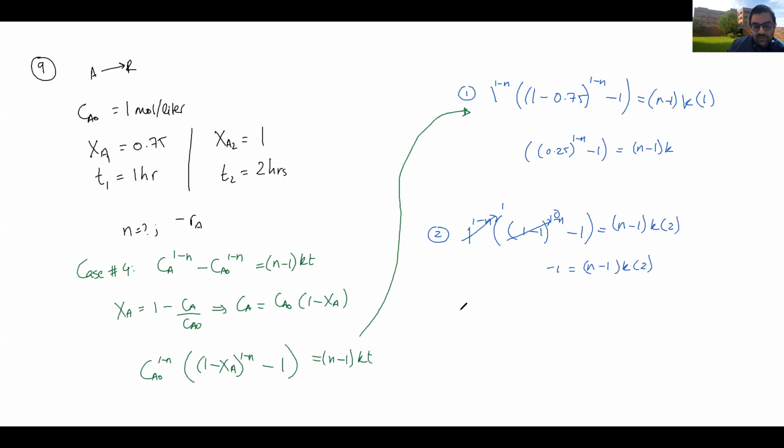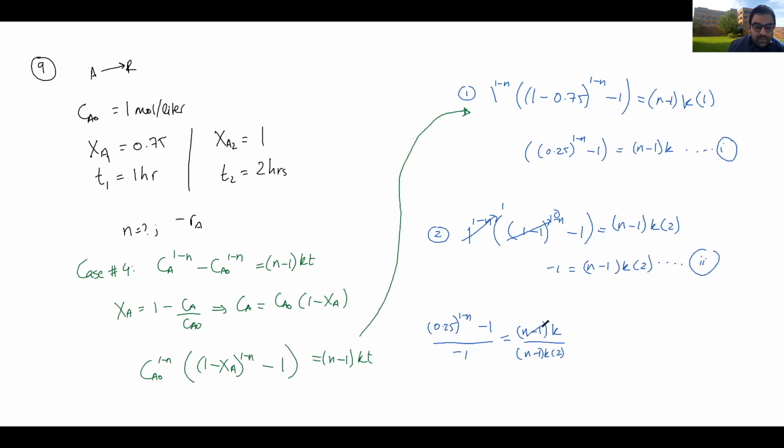Let's divide first of all. I'll call this equation I, and I'm dividing this equation by I. So I get 0.25 to the power 1 minus N minus 1, divided by minus 1, is equal to (N minus 1) K over (N minus 1) K into 2.